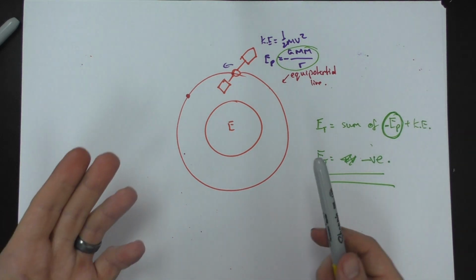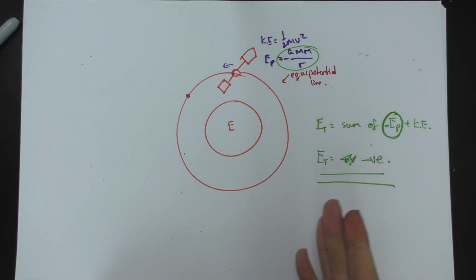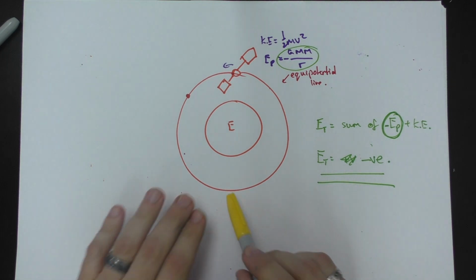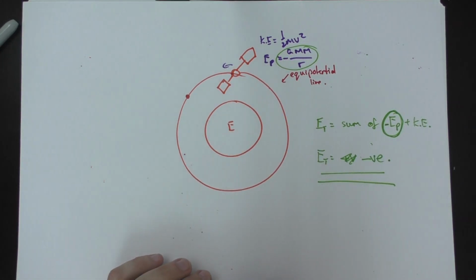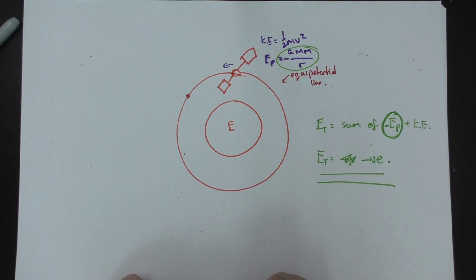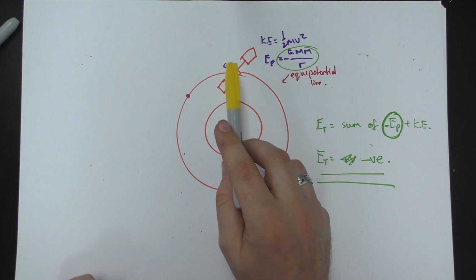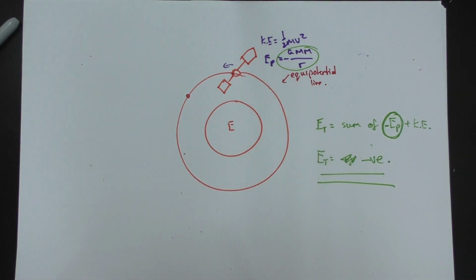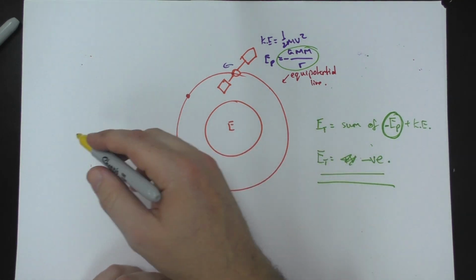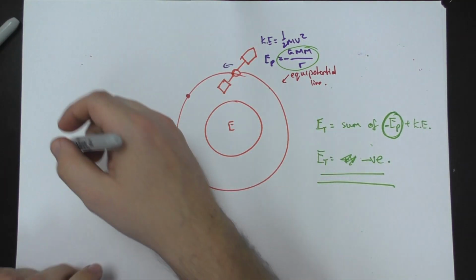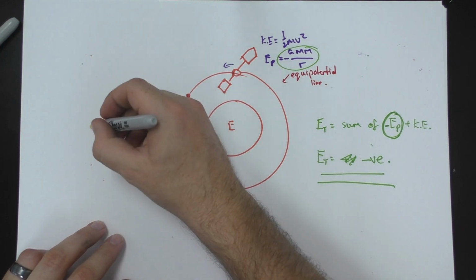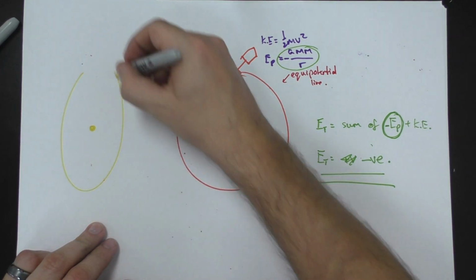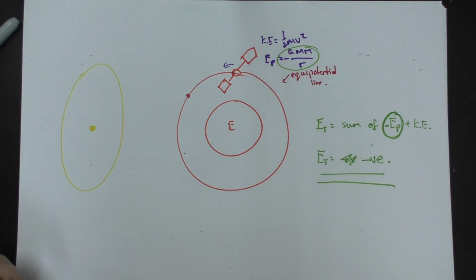But the point I suppose we want to make really is what happens when I change this orbit just slightly. So in the real world, obviously, things don't orbit in perfect circles. They tend to be a bit eccentric. And you can actually name two different points on an orbit. This is a bit beyond spec, but that's okay. So if you have your orbit there, your orbit actually looks a bit like that.